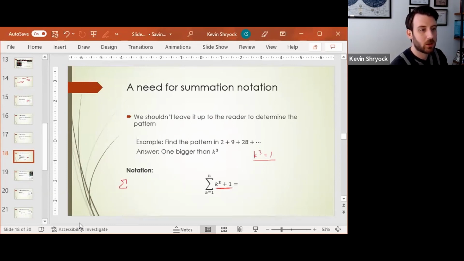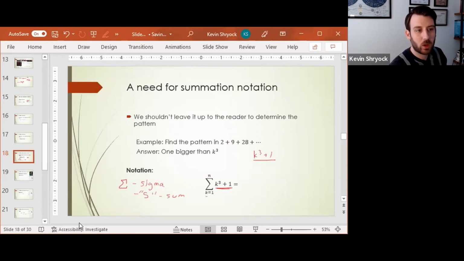Sigma comes from the fact that it's the parallel letter to our Latin letter S, which we use when we think of doing a sum. We're assigning a Greek letter to represent S for sum. So sigma just means I'm going to do addition.